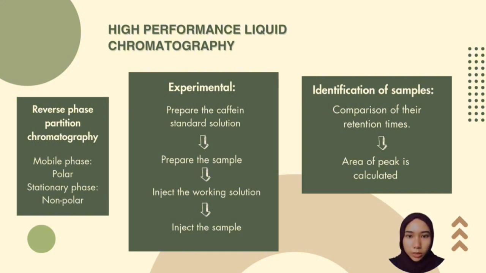We begin the experimental procedures by preparing the caffeine standard solution from a stock solution. Next, we prepare the samples. In the stock, carbonation and particulate matter is removed. Third, we inject the working solution into the HPLC instrument to establish the retention time of caffeine.